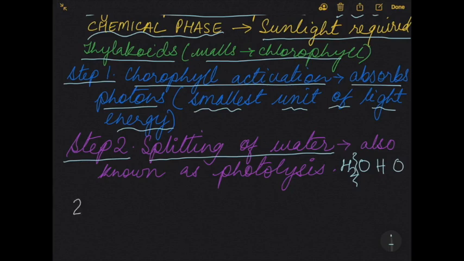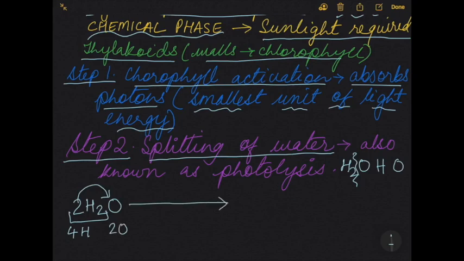If we take 2 molecules of water, you know 2 molecules of water contain 4 atoms of hydrogen and 2 atoms of oxygen. So here photons, that is the sun's energy. How many photons do we require? We require energy of 4 photons. So remember, this water will turn into hydrogen ions.